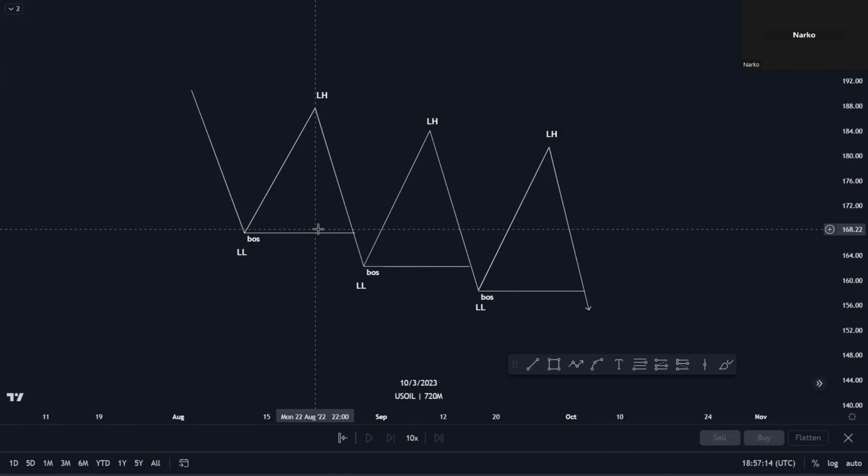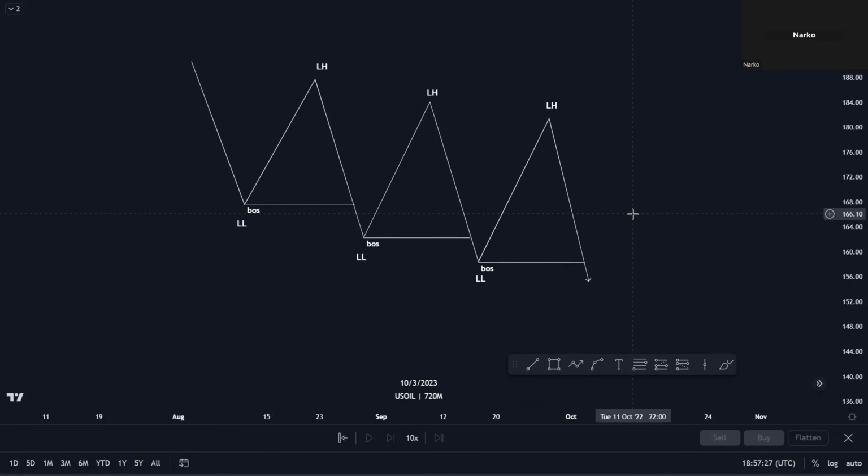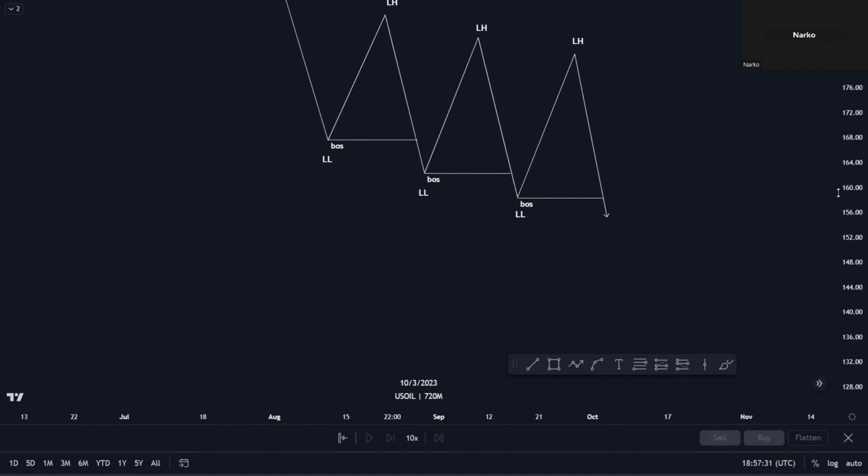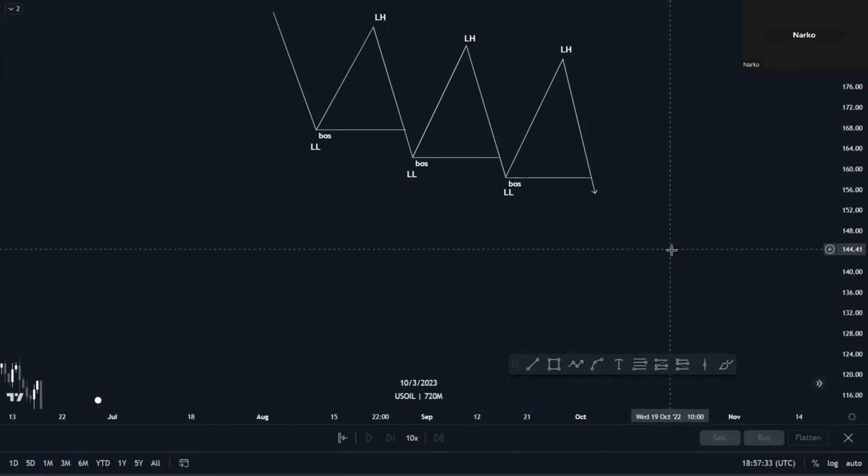A break of structure is only valid in a bearish trend if a candle body is closed below our previous lower low. Okay, and that's it for our bearish trend and our chapter 1.